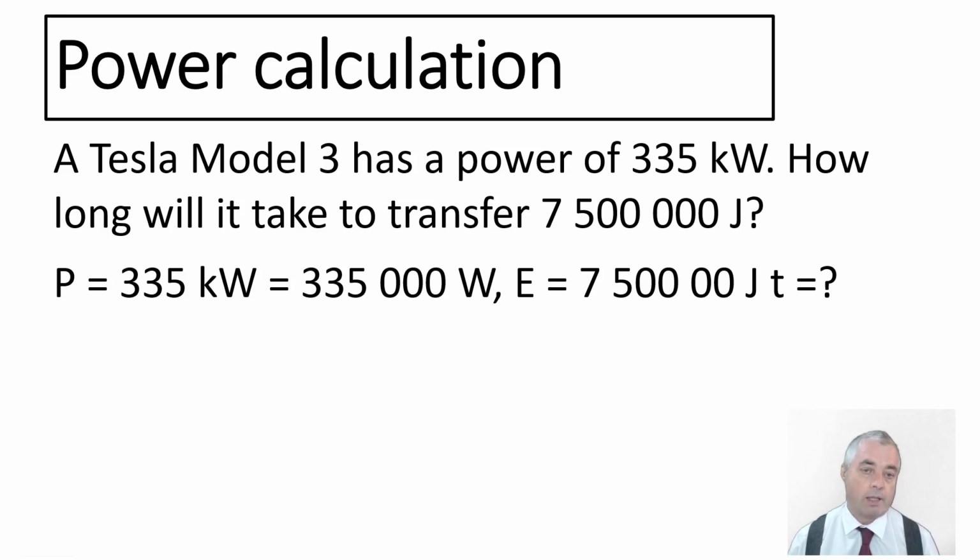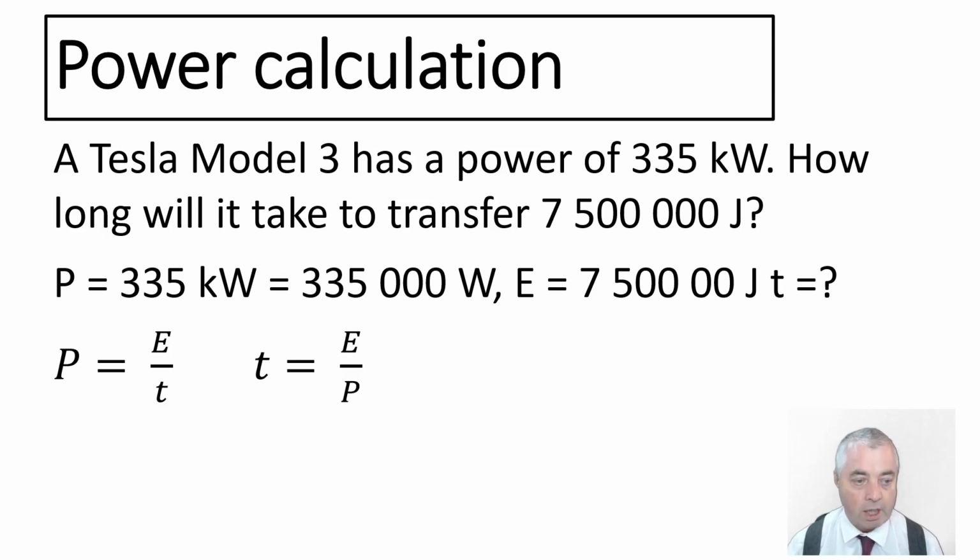So we are asking, do we know an equation that has got power, energy and time in it? Because that's the information that's in the question. And the answer is yes, because we've just studied that. And this is the equation we know, but we need to rearrange it to make time the subject of the equation.